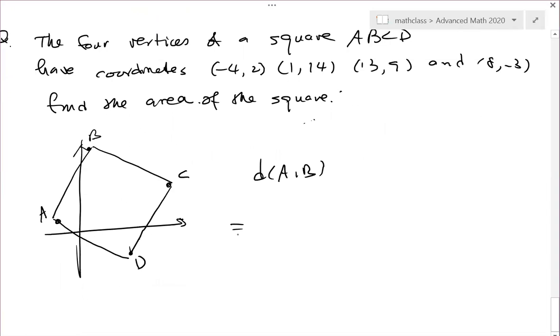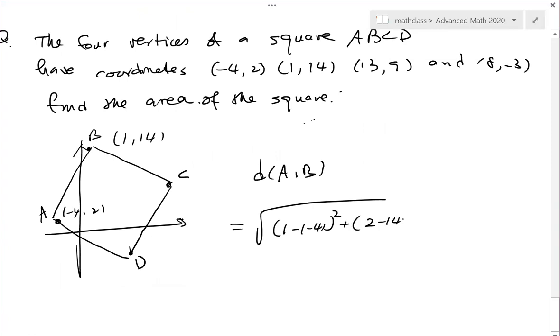So you only need just 2 points. So A is going to be -4 and 2, right? B is 1 and 14. So the difference of the x coordinate squared, and then here's 2 minus 14. So you get 5 squared plus 12 squared, and that is going to be 13 squared.